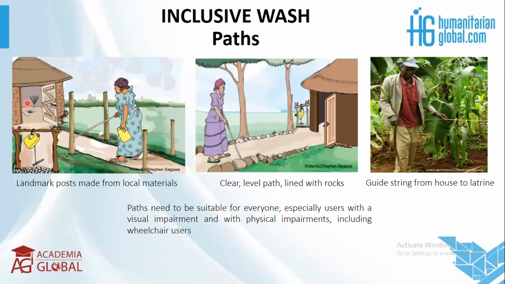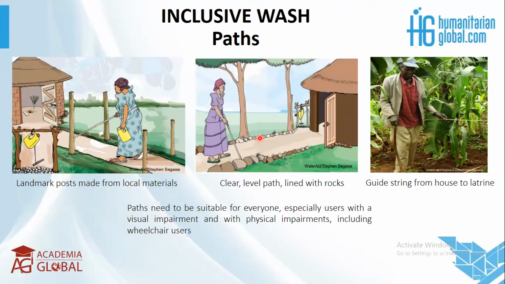The way the designs have been made, they've put what we call landmark posts, which are made from local materials. So this one is able to tell this person who is visually impaired that they are on the right path to access maybe a sanitation facility.